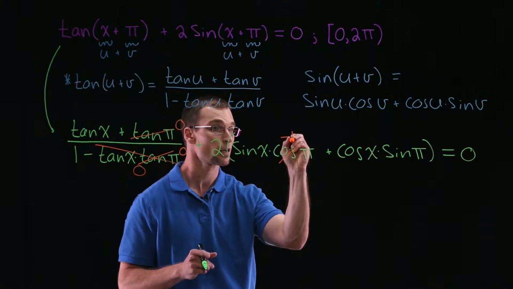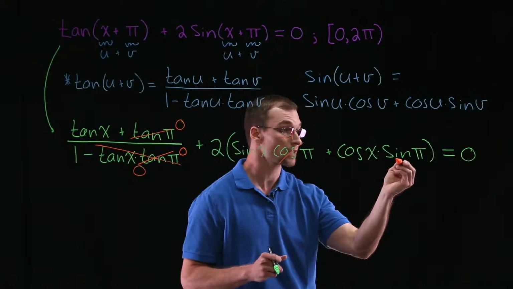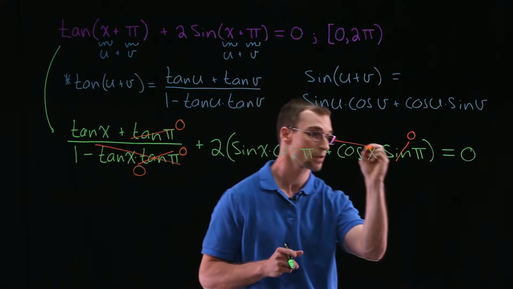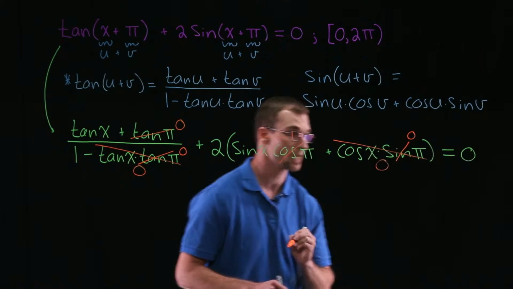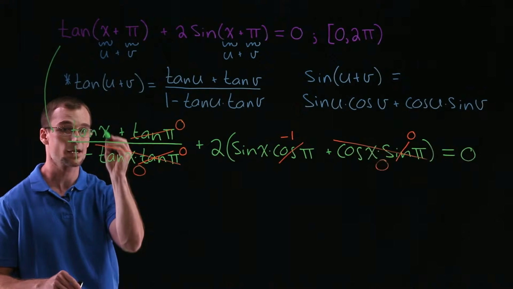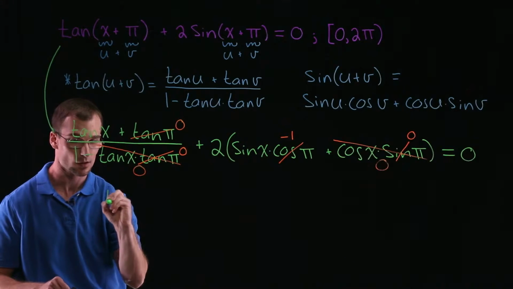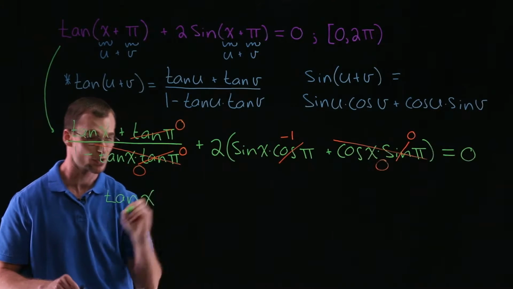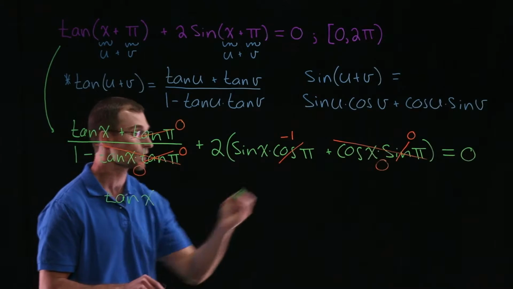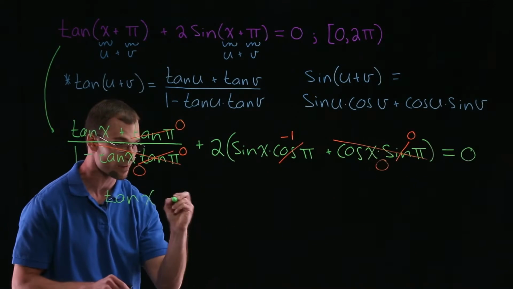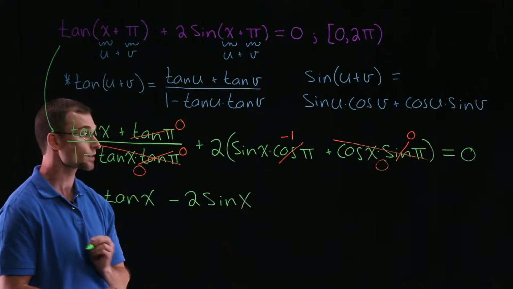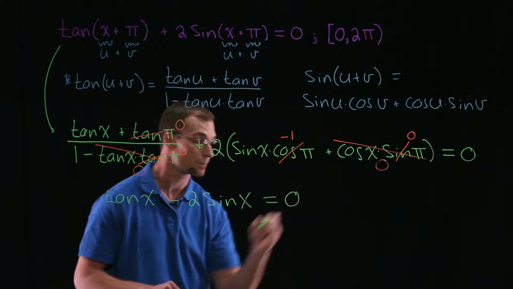Cosine of pi we know is -1, and sine of pi we know is 0, which makes this entire term 0. So putting it all together, we have tangent x over just 1, which is tangent x, and then -2 sine x plus 0, so that's all gone. So all we have is tangent x minus 2 times sine of x, and this is all equal to 0.